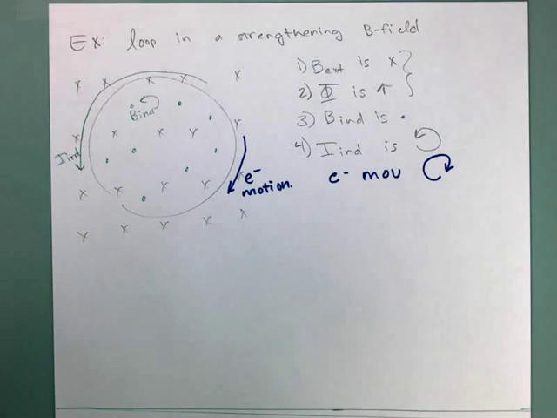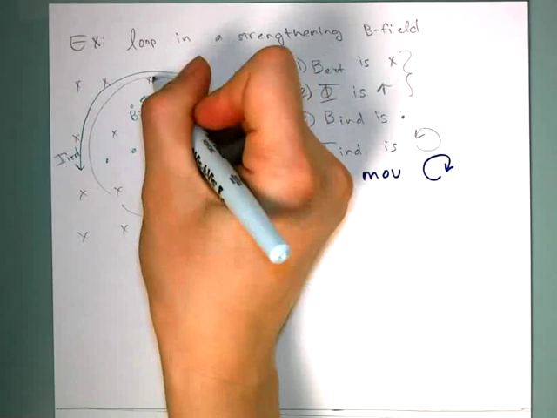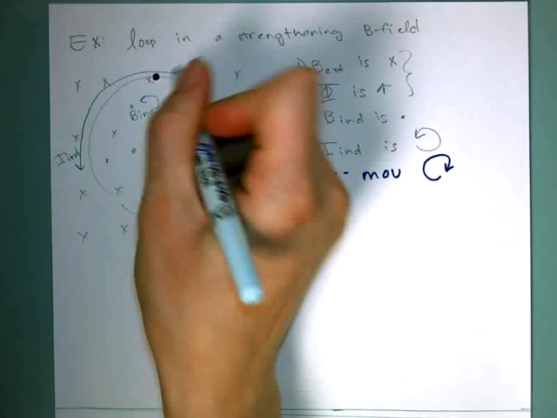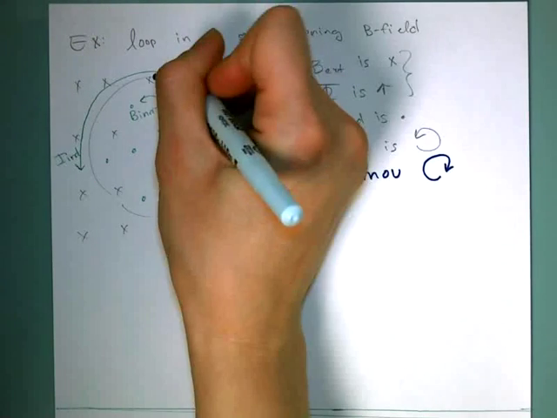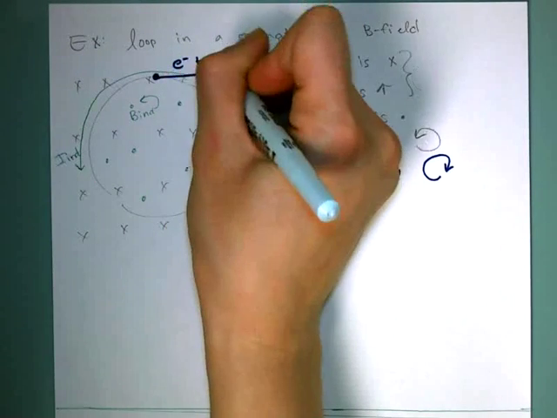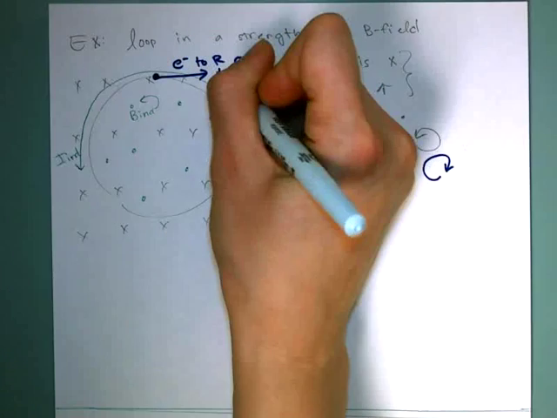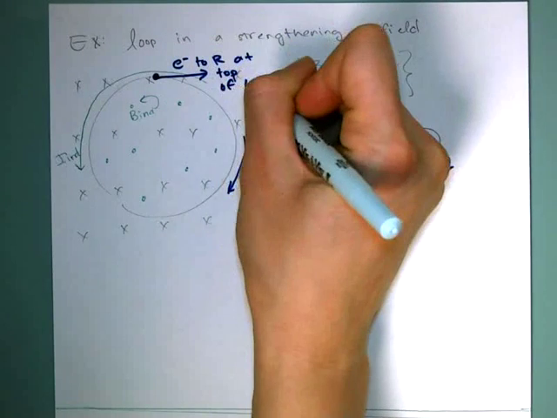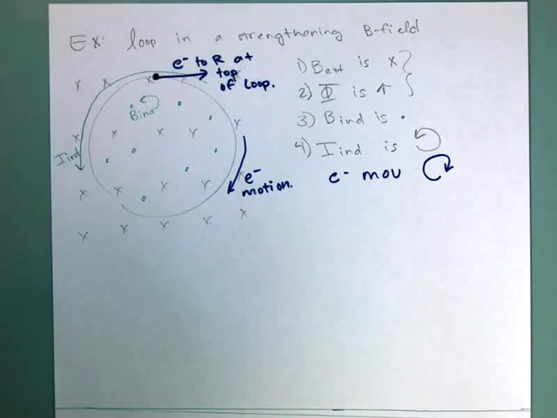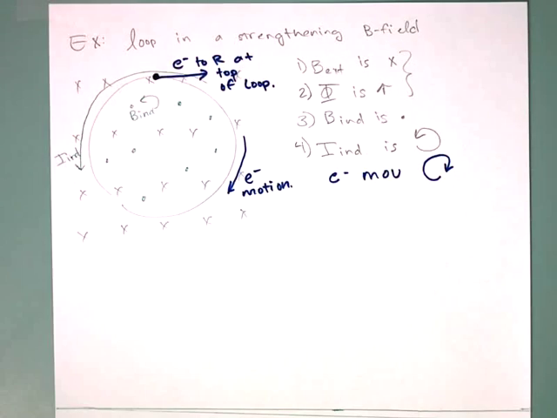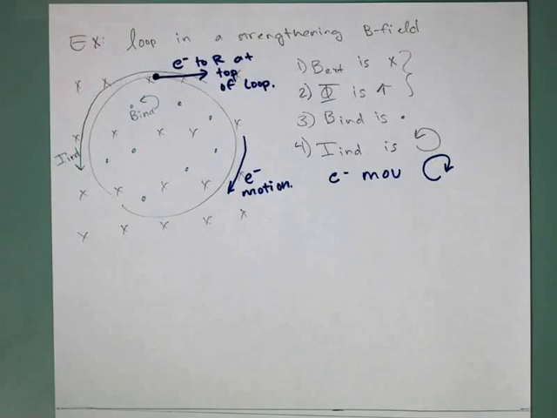All right, so here's a question. So let's think about a single electron right here, which we know is moving to the right. There has to be some sort of force to cause that electron to move and to curve and to accelerate. Without a force, changes in motion never happen.